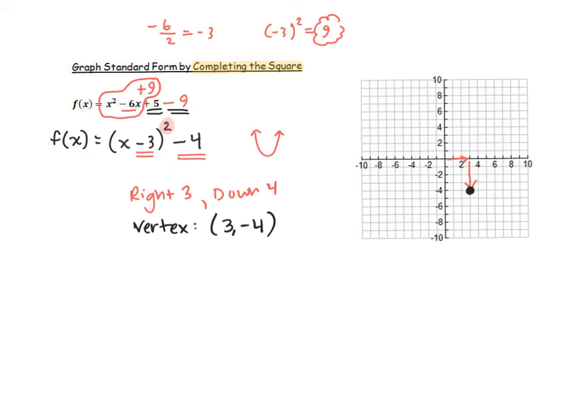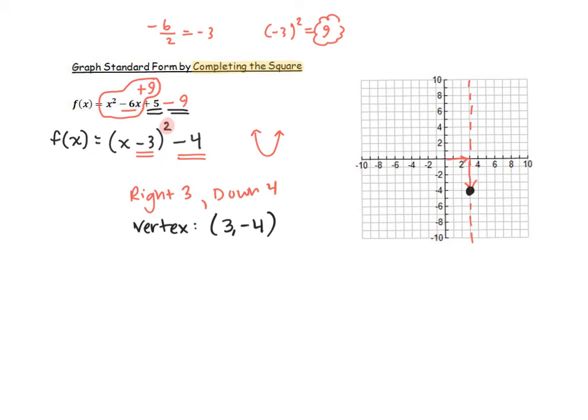To do that, we're just going to choose another x value and plug it in. You can choose any x value that you want, but in general, we know that our vertex is the middle of our graph. There's a dotted line through the middle, our axis of symmetry. So I like to pick a point close to the axis of symmetry. My vertex is right here at 3, -4.